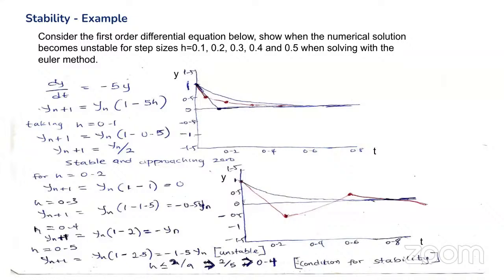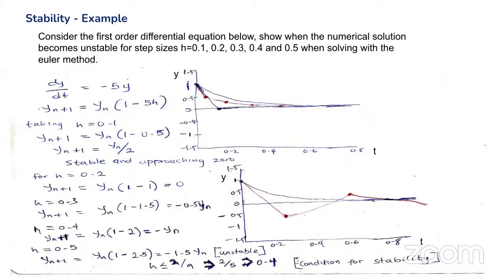Now when we plot the solution yn plus 1 equals yn over 2 on that graph, those are the red dots, which have been connected together. They are all tangent lines, so we connect them together to show them on the plot.